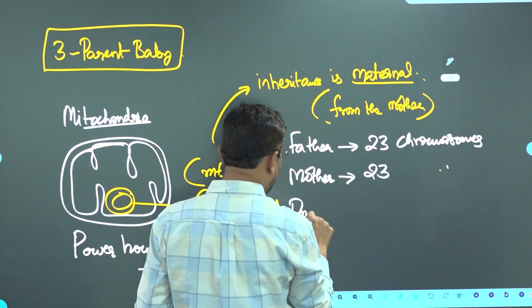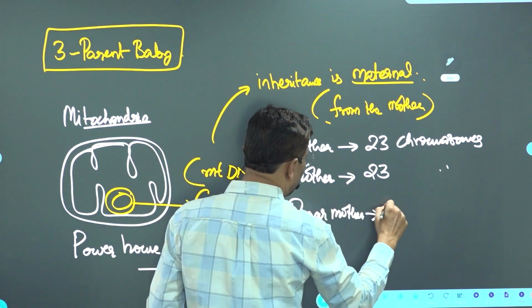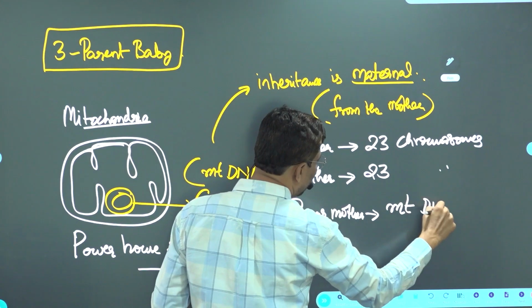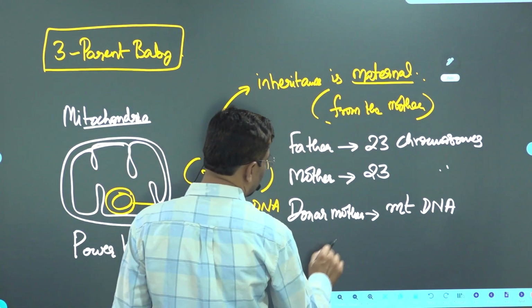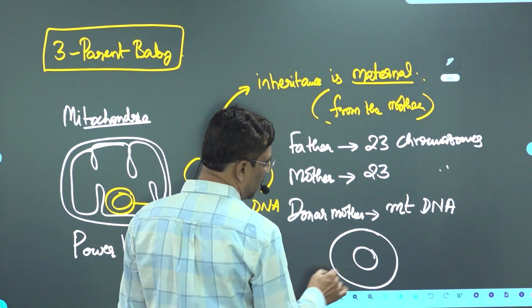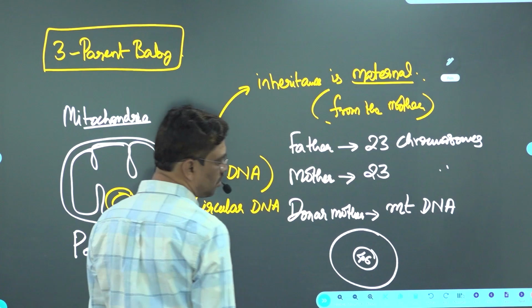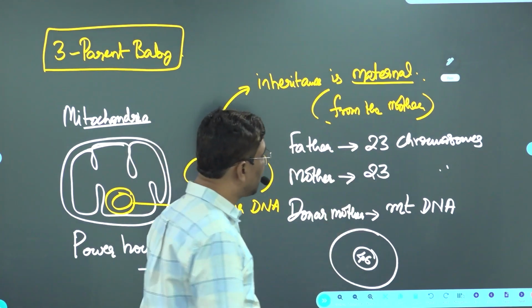And the donor mother contributes mitochondrial DNA. Got it? So suppose this is a cell and this is a nucleus. Here 46 chromosomes are there, that is 23 chromosomes from father, 23 chromosomes from mother.